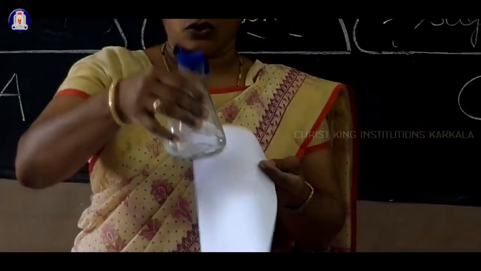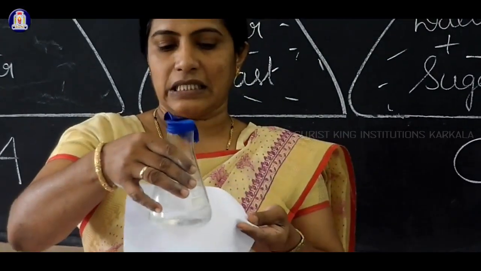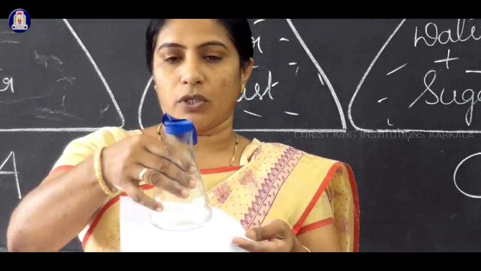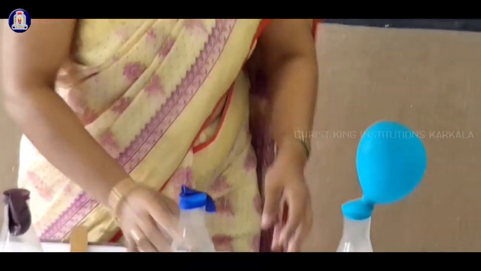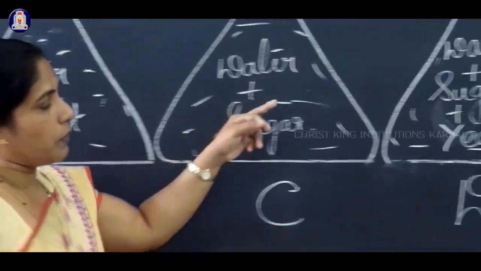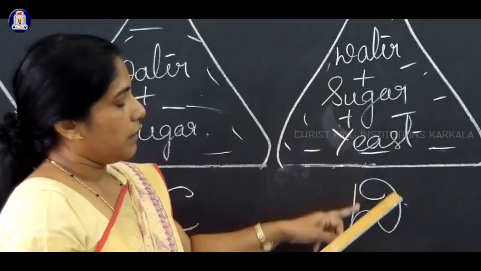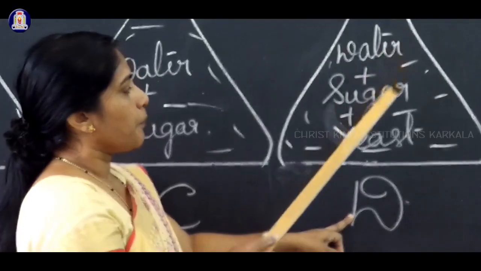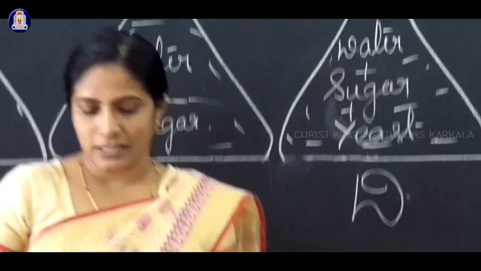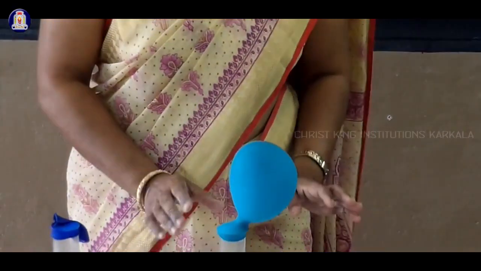Beaker C consists of water and sugar, that is nothing but sugar solution, fixed with a balloon. The last one, beaker D, consists of water, sugar plus yeast.